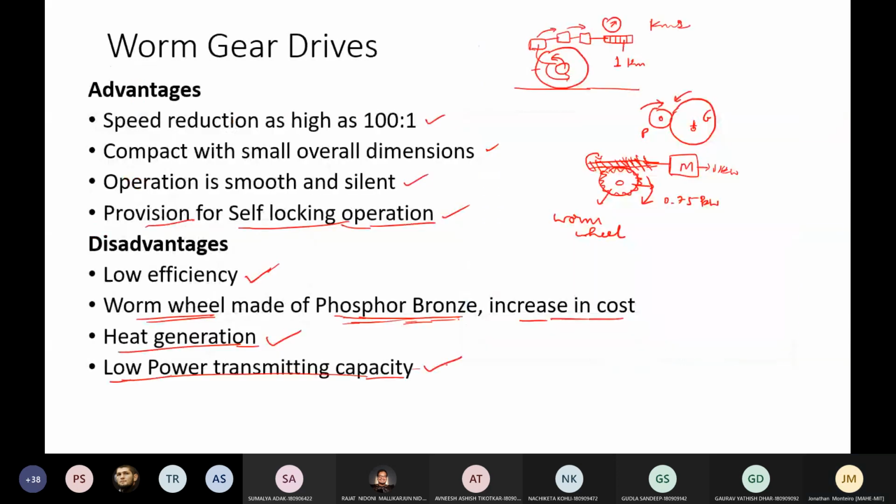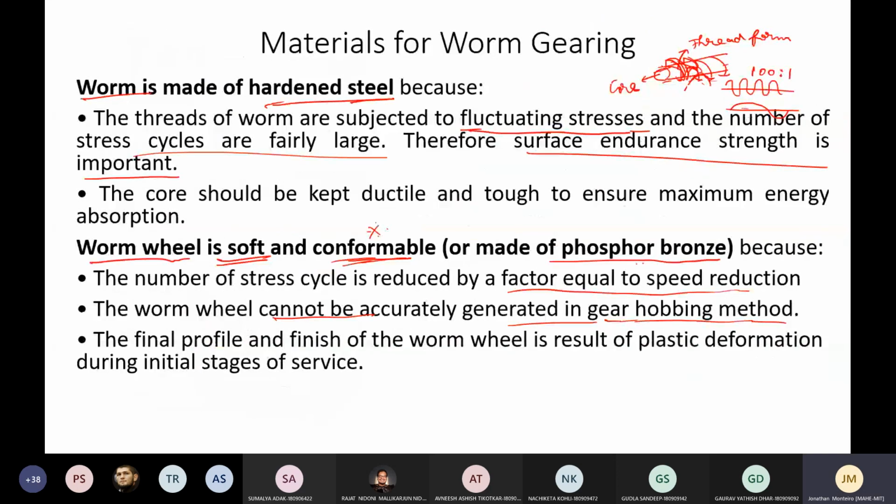And that is why it says here, the final profile and finish of the worm wheel is a result of the plastic deformation during the initial stages of service. So what happens is, due to the softness of this material, the worm impinges or puts that impression. That is a result of the plastic deformation that occurs.